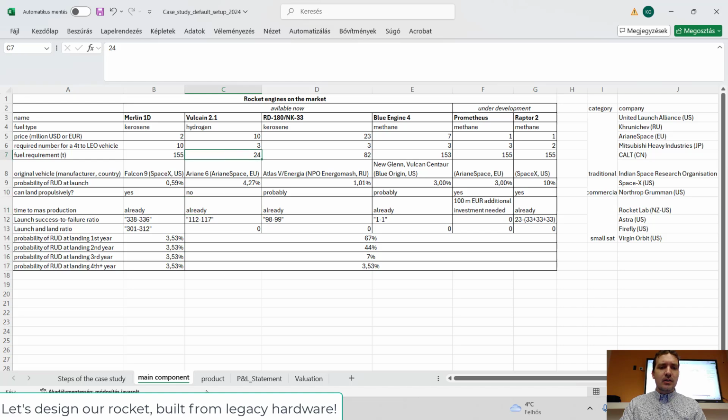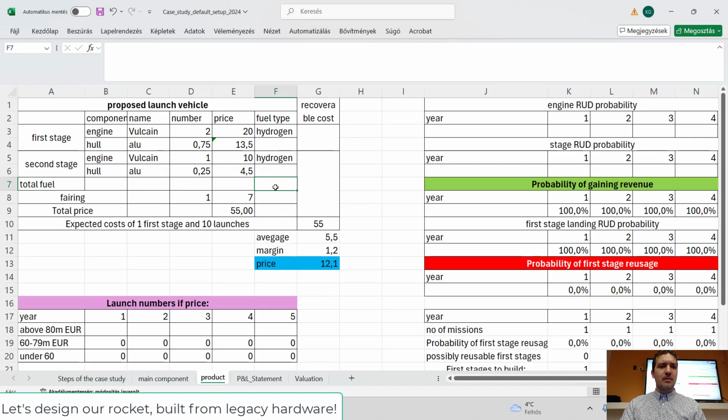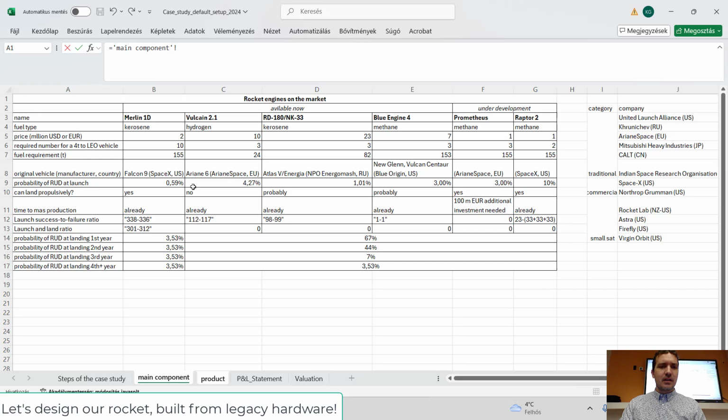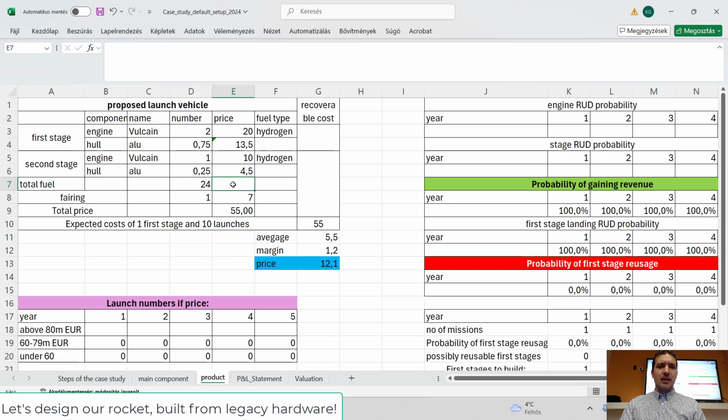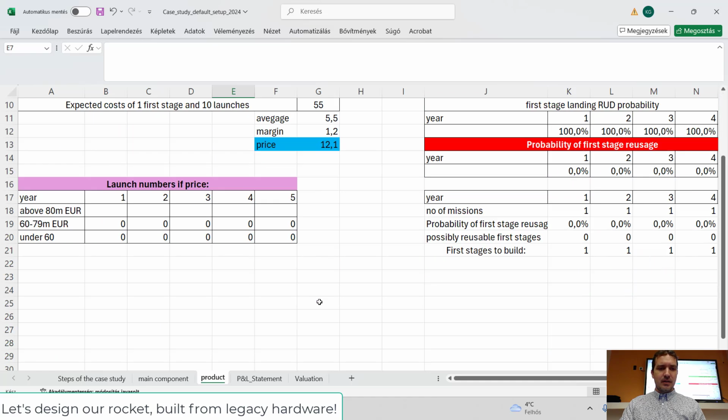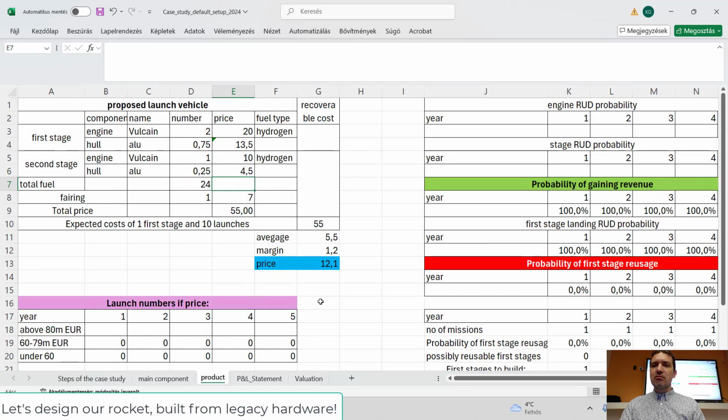Okay, so we have to refer to this tonnage. Let's say this number will represent the tonnage here, so 24. And the price. Can we see any number here?